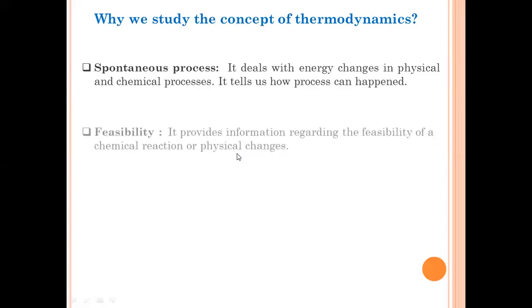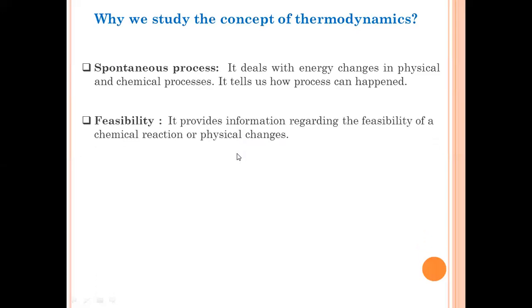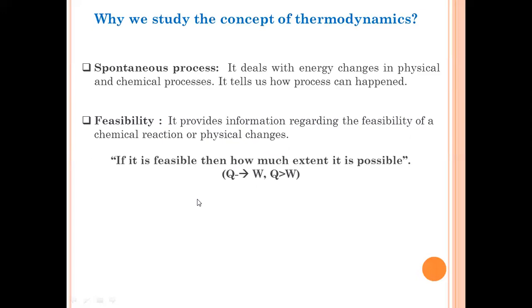The second reason is feasibility. It provides information regarding the feasibility of a chemical reaction or physical change. If a certain process is feasible, then to what extent it is possible. Now let us take one example.